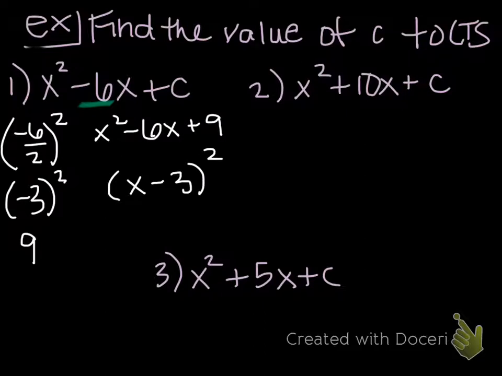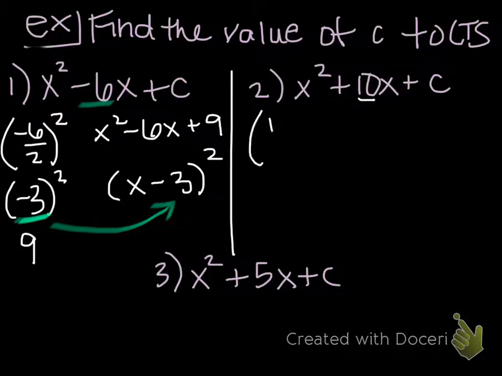The shortcut, if you will, is that it's always this number. The half number, when you take half of your b value, will always go right there when you factor it. So for number 2, again, we identify our b value, which is 10. I'm going to take half of 10, and square it. So I get 5. 5 squared is 25.